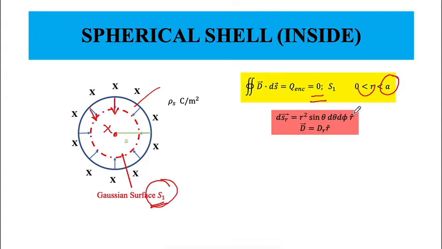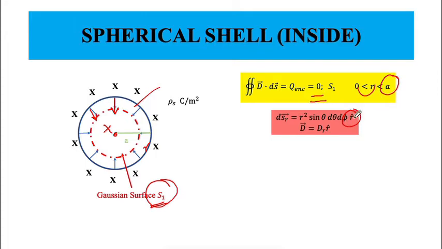Please do not get confused between this r and this r. This r is actually the radius of S1, and D has only the r component, the radial component, so that becomes Dr r hat.